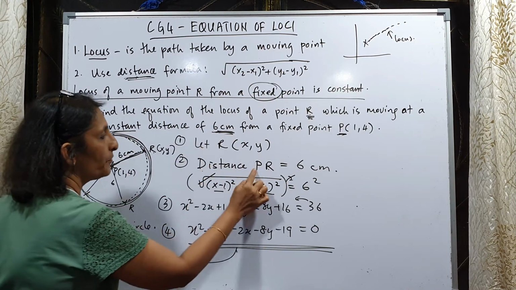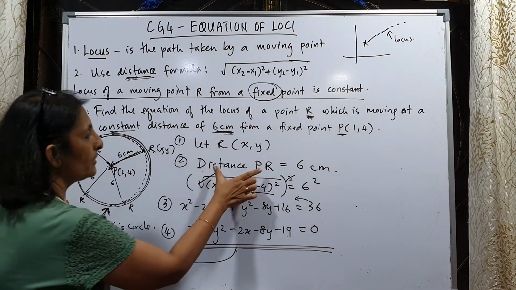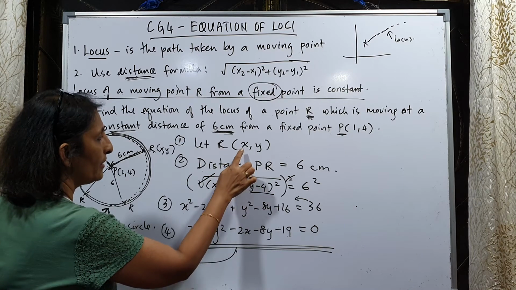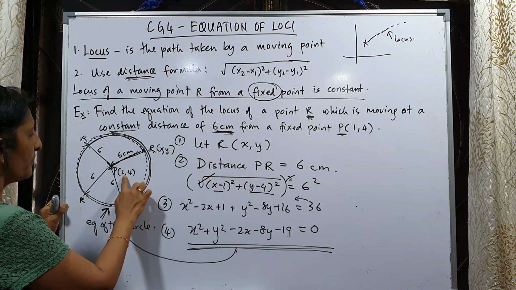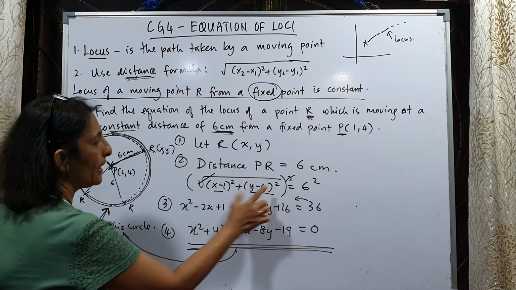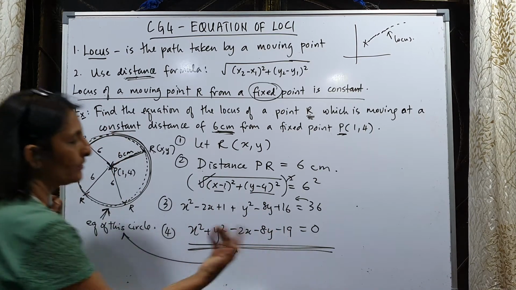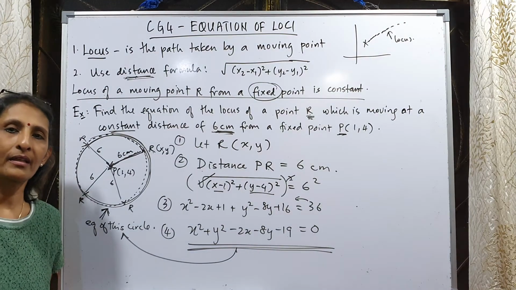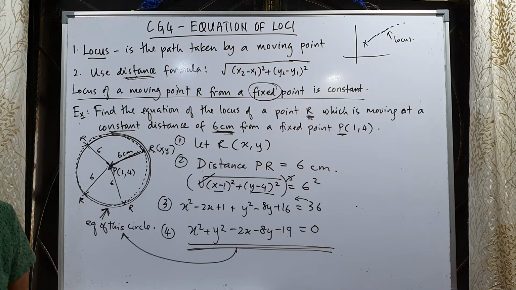The distance of PR is given as a constant. Then we use the distance formula, using the coordinate R and the coordinate P. Expand it and bring everything to the left equals 0, and that's your answer, the equation of the circle. Alright, we'll see some more examples.